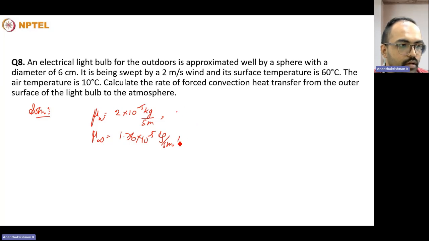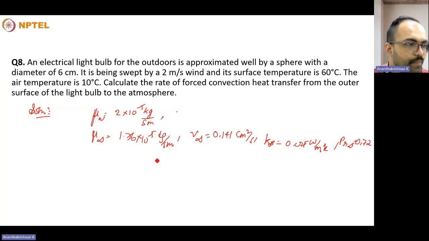Similarly, far away from the surface, the kinematic viscosity is 0.144 centimeter squared per second. Thermal conductivity is 0.025 watt per meter Kelvin. Prandtl number infinity is equal to 0.72.